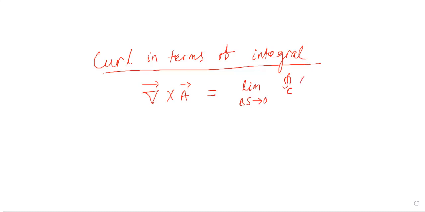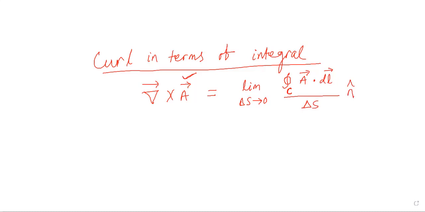Now here I'm writing the vector field on which the curl is operated: A dot dl, where dl is the elemental length, divided by del S, the infinitesimally small surface area, and then n cap, as del cross A is a vector, we all know that.